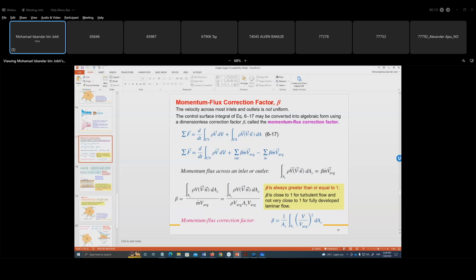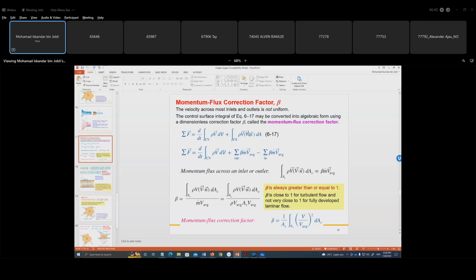Momentum flux, the beta here. We can replace the surface here as the B. The velocity across most inlets and outlets is not uniform, right? Thus, the control surface integral we can convert into an algebraic form using a dimensionless correction factor called the momentum flux correction factor.